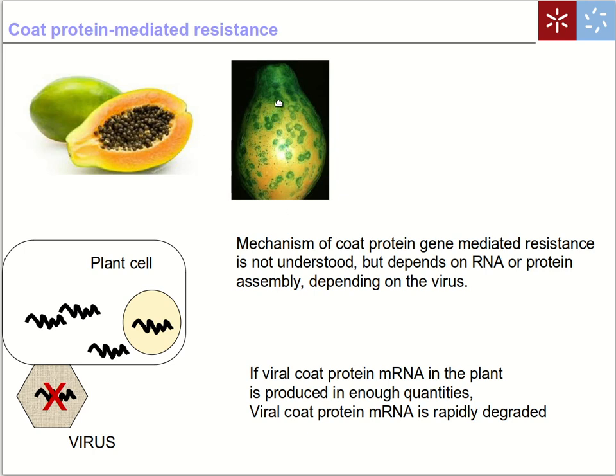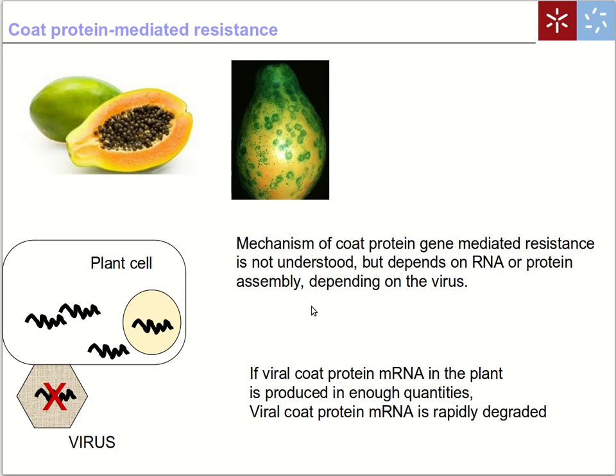Virus genomes usually contain a small number of genes, usually RNA polymerases, but some of the proteins are usually coat proteins. So they encode for proteins that protect the RNA.